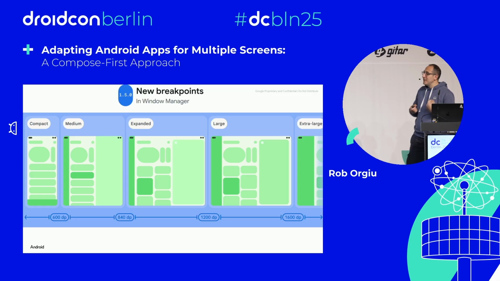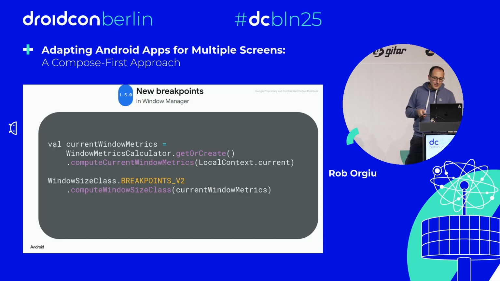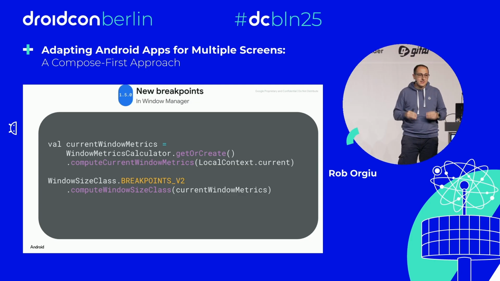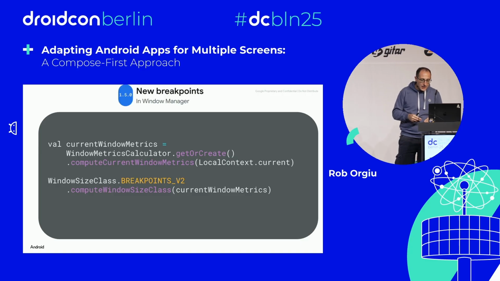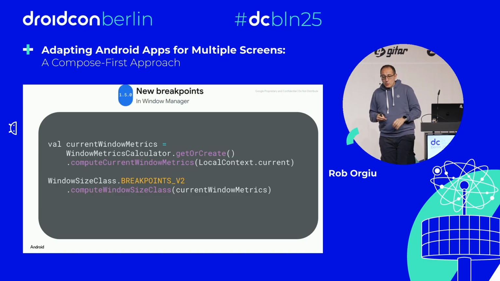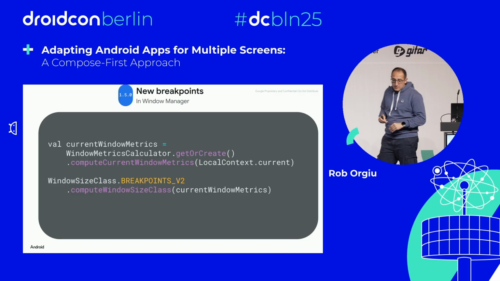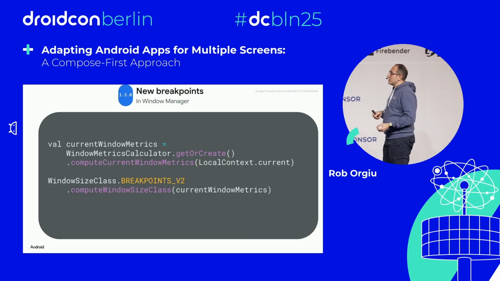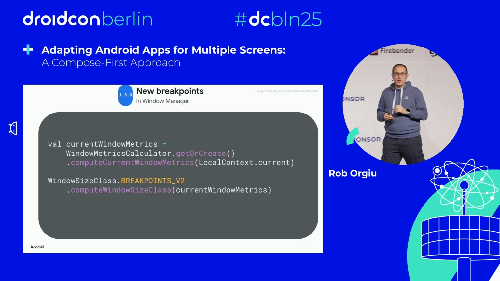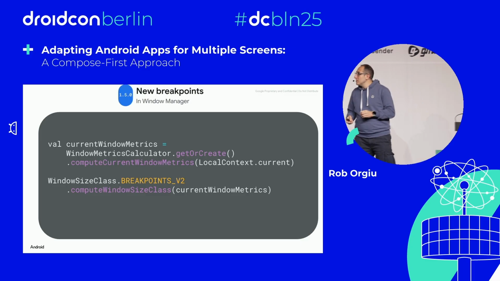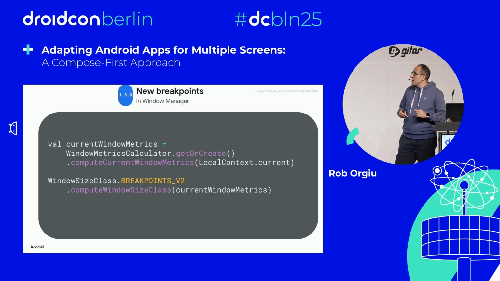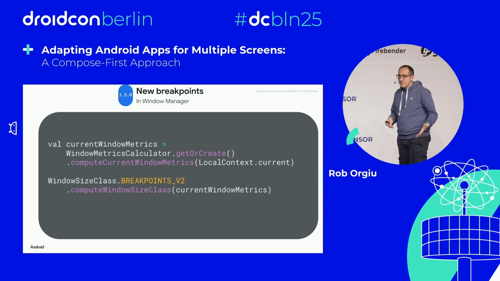But how do we use them? Because we didn't see any code yet, right? Well, luckily, we have some code. So first, your app needs to figure out in which of these buckets it is actually fitting. The Android framework makes it quite easy to understand that by using the window metrics calculator. Then, if you used the window size class before, and I hope that you all did, you will notice that now the new breakpoints have been added to the V2 set, which is a superset of the V1 breakpoints, let's say.